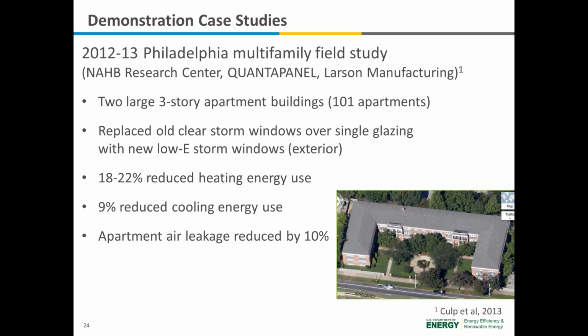So this was interesting because, like I said, baseline was not single-pane windows. The baseline was single-pane windows with these old-style clear glass storm windows, which shows that as we've gone to more modern, newer design windows, there are benefits in energy consumption, not just from the low-E glass, but also just from air tightness and design of the windows.